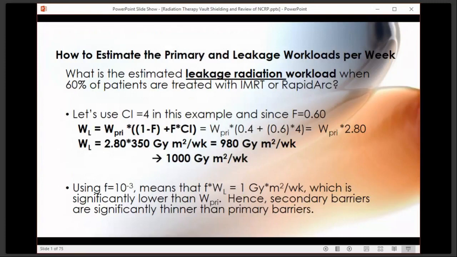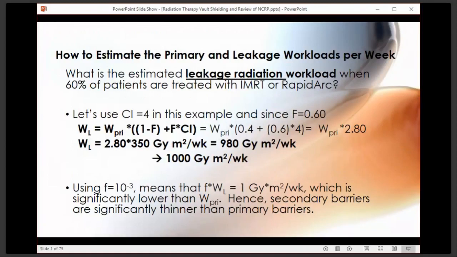If we use the modulation factor at 4, which is pretty representative of what people have found, and the fact that the F in our formula was 0.6, we plug in and we see that basically our primary barrier workload times 0.4 for the unmodulated and 0.6 times 4, our CI value, for the modulated beams, and we get 2.8 times the primary barrier workload.